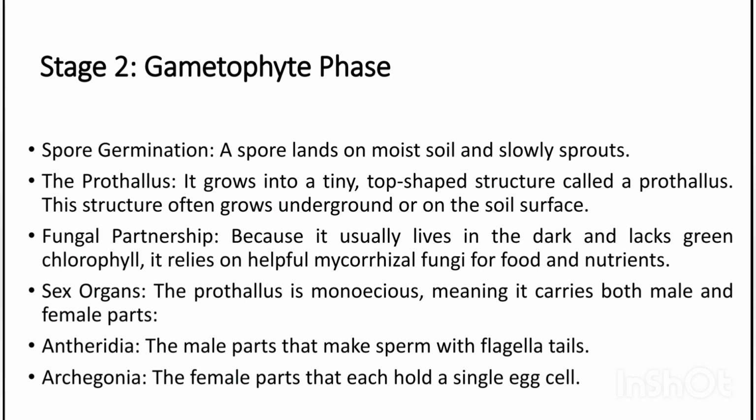Now the gametophytic phase. From the sporangium, after maturation, many spores are released and land on a suitable substratum. After attachment to the substratum, they germinate and form a prothallus, a young prothallus. Then fungal partnership: because it usually lives in the dark and lacks green chlorophyll, it relies on helpful mycorrhizal fungi for food and nutrients.